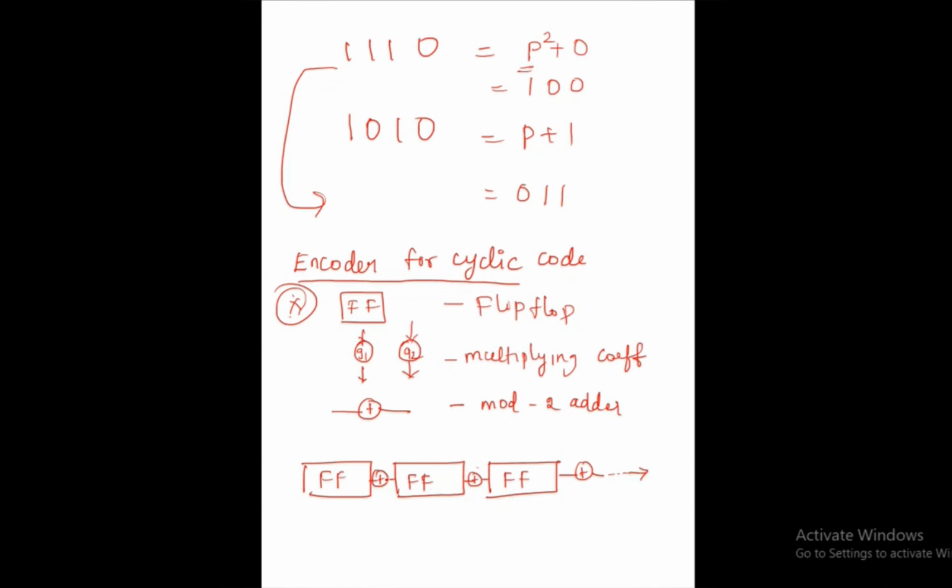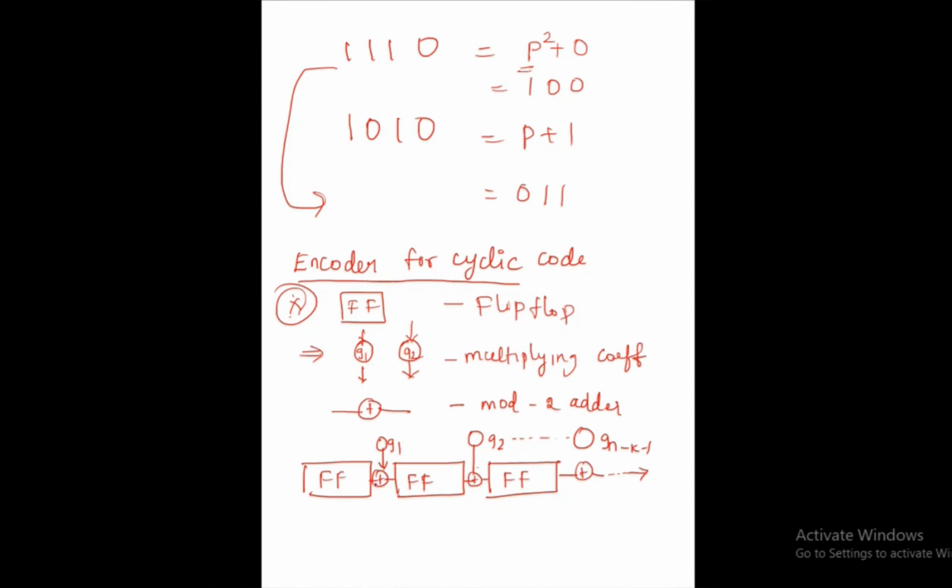So in this modulo 2 addition, what are you going to add now? You are going to add the multiplying coefficients. The multiplying coefficient is G1 and the next multiplying coefficient is G2. Similarly, you continue up to G n minus k minus 1.